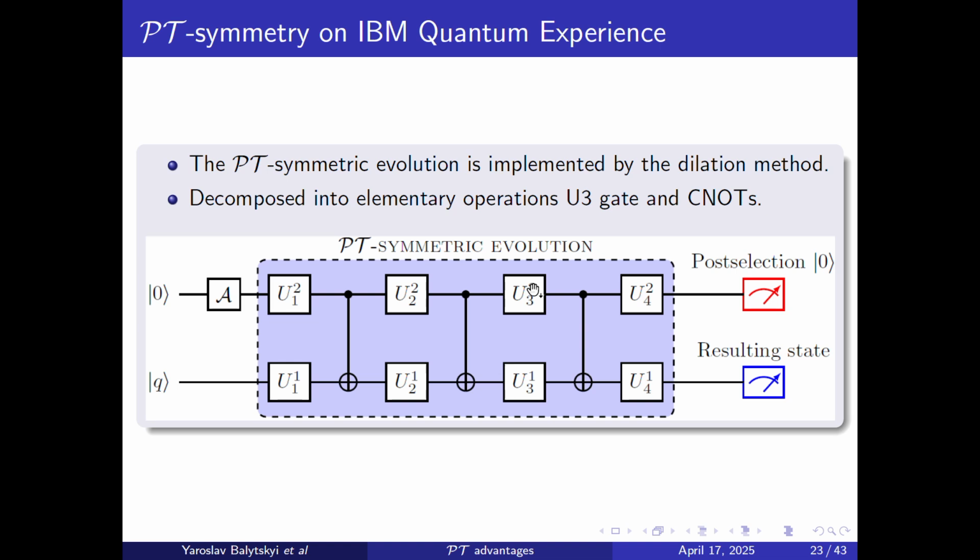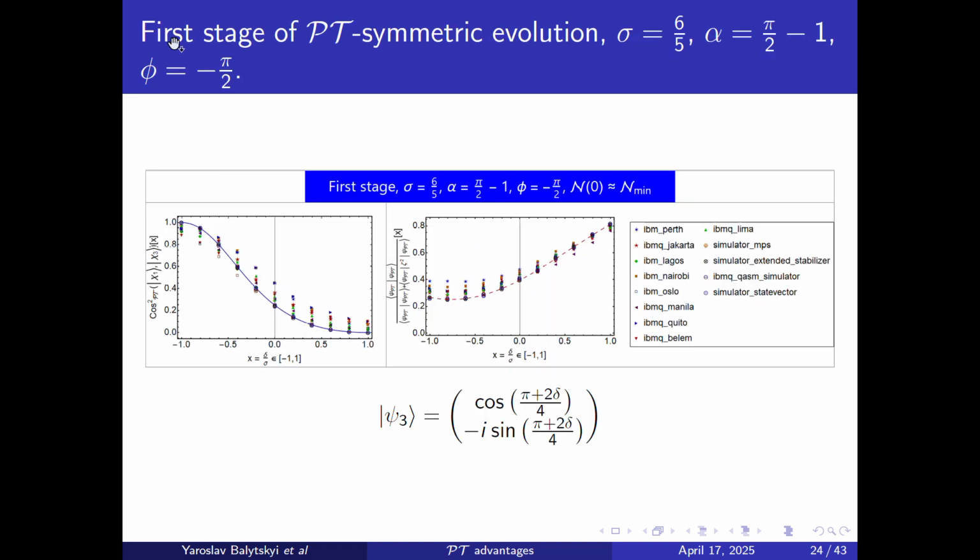U3 gates are essentially just an arbitrary unitary rotation applied on a qubit, and this is CNOT. And there is a post-selection, and there is a resulting state. So this is the result of our implementation for sigma equals 6/5 on all quantum processors available at the time on IBM Quantum Experience.